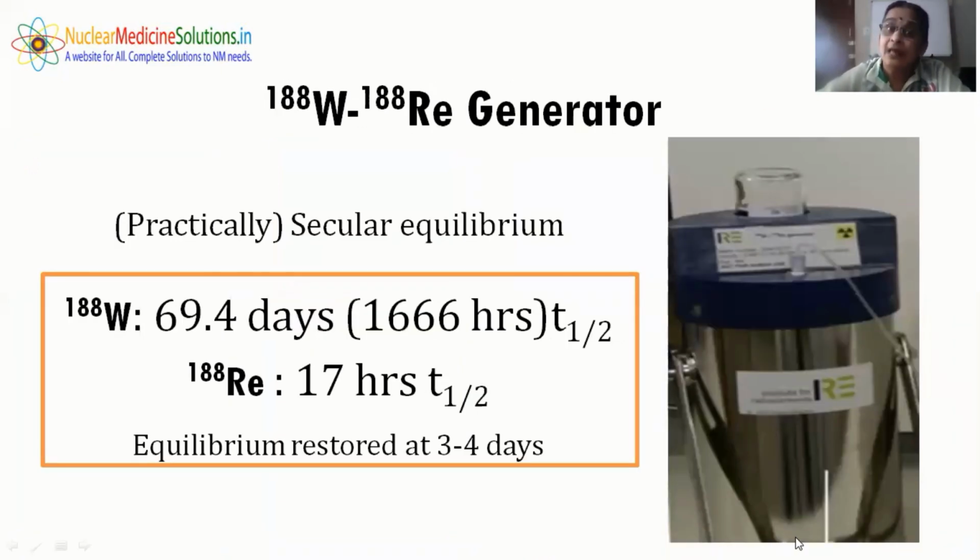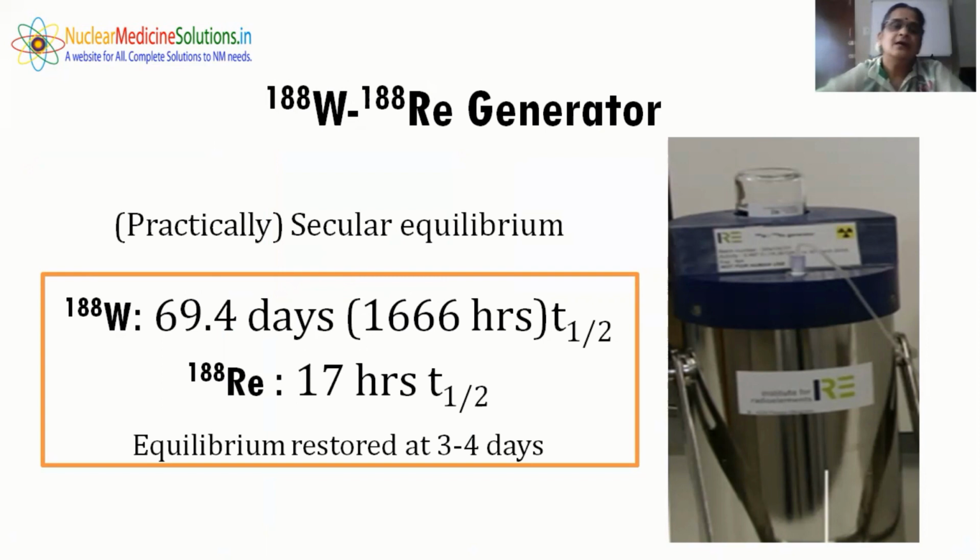Now for the therapy purpose generator, that is the tungsten-rhenium generator. It is practically following the secular equilibrium because this is on the borderline of 100, almost 100 times more. The parent radionuclide's half-life is almost 100 times more than the daughter radionuclide.